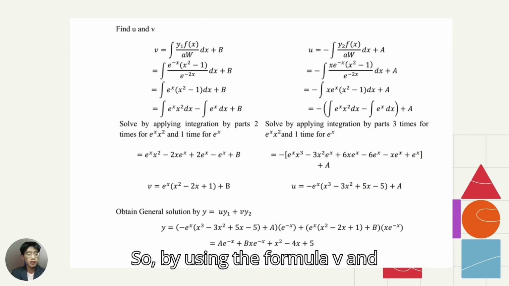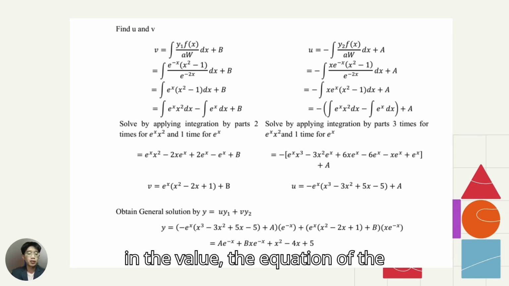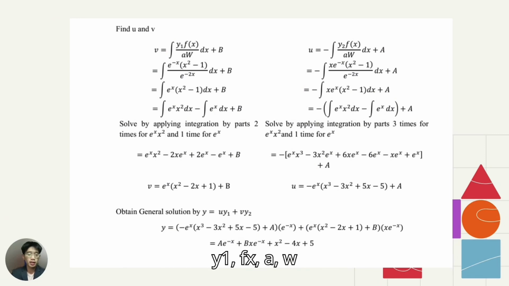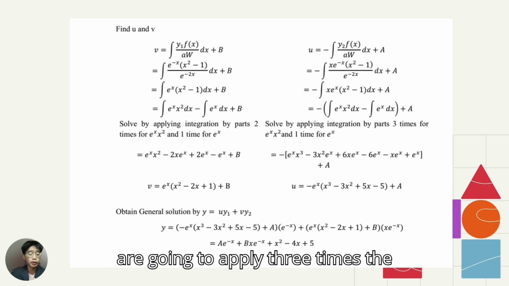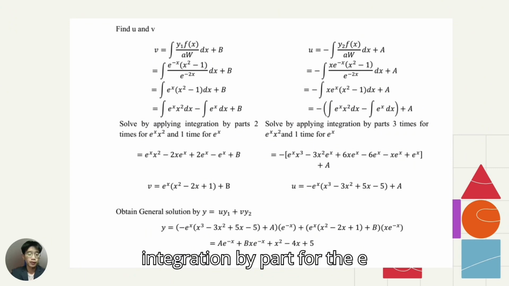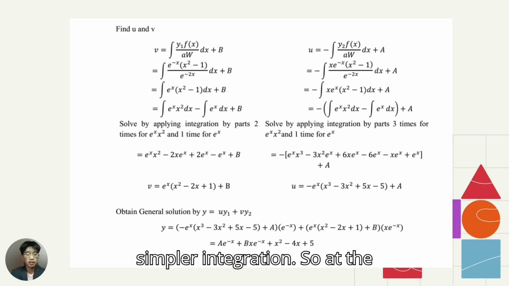By using the formula for v and u, we plug in the values. For v, it is y1 f(x) over a and W, and u is y2 f(x) over a and W. In order to find the value of v, we are going to apply integration by parts 3 times for the x squared, and 1 time for the e^x, because it's a simpler integration.